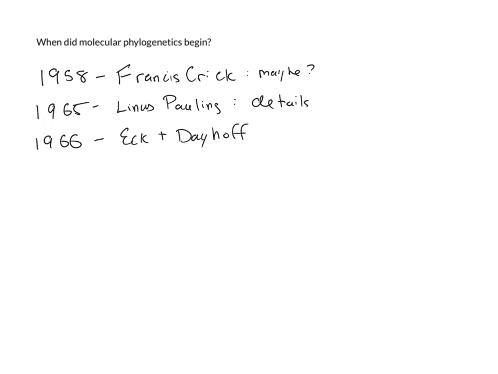And we know Dayhoff. This is Margaret Dayhoff, basically the founder of modern day bioinformatics, all sorts of stuff on protein alignment. And she and Eck described the evolution of ferredoxin using amino acid sequences, using AAs. So this is a protein, an amino acid level molecular phylogenetics.